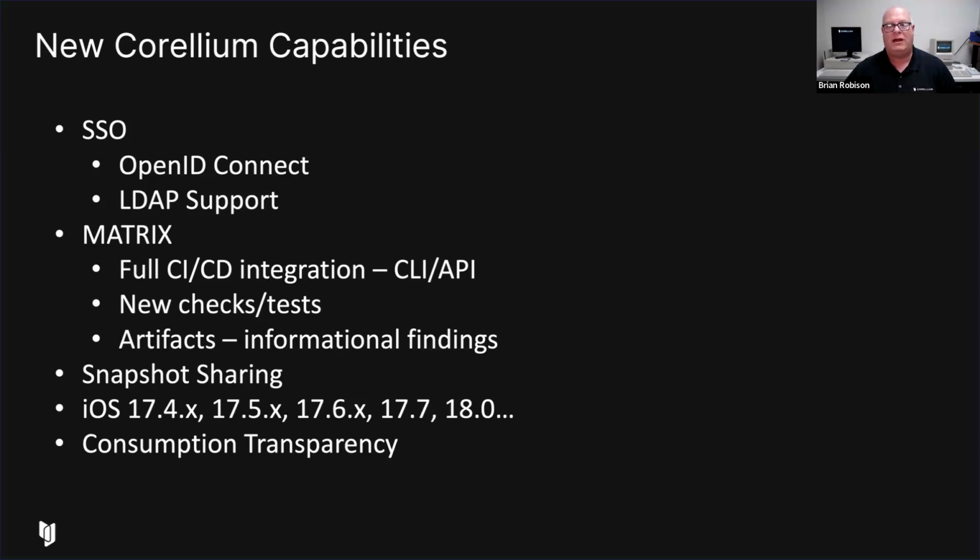So the concept here would be, if you look at the full loop, let's say Matrix finds something that is an issue. Before, in the current world that's out there, you as a tester would be limited to maybe a video recording of the issue or screenshots of the issue or something like that.